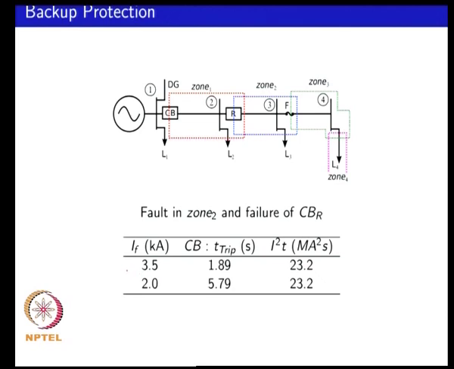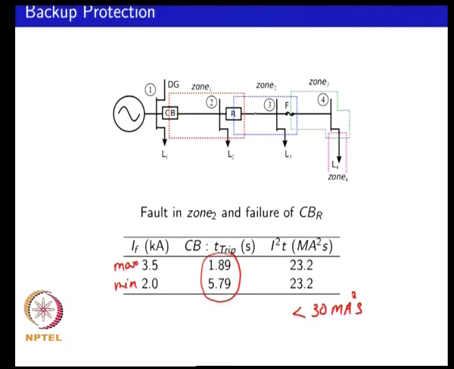So, you could look at the maximum fault current level for a fault in zone 2, which is 3.5, and the minimum is 2, and you could look at what would be the trip time of the circuit breaker for that particular level of fault, then look at what the I squared t level would be, and you can see that this is now less than the 30 mega ampere square second for the conductors of zone 1 and zone 2.